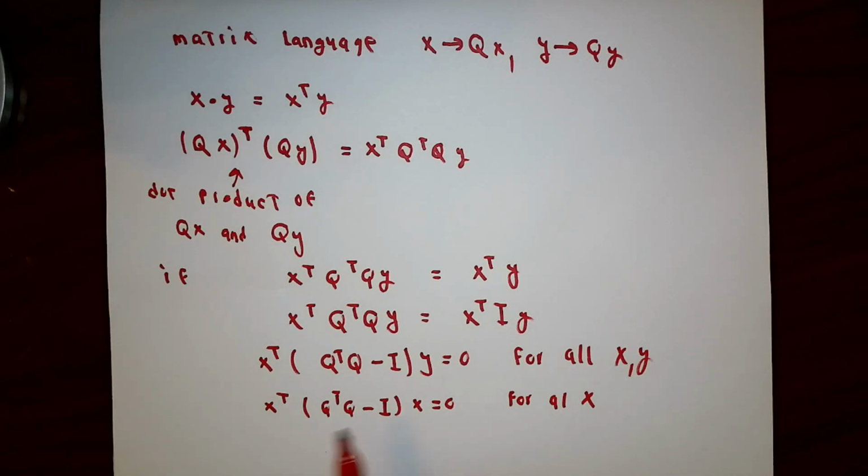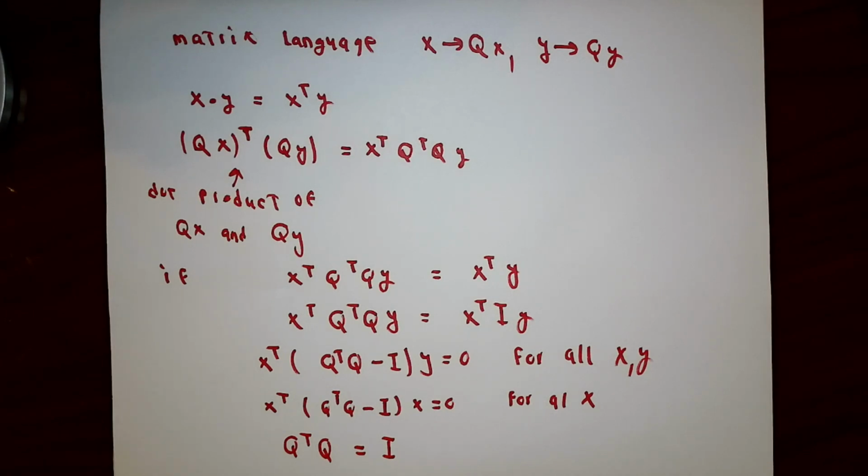X transpose a symmetric matrix times x being 0 for all column vectors x is enough, if you remember the linear algebra stuff, to conclude that the matrix in the middle must be 0. But if Q transpose Q minus identity is 0, that means that Q transpose Q must be the identity matrix.